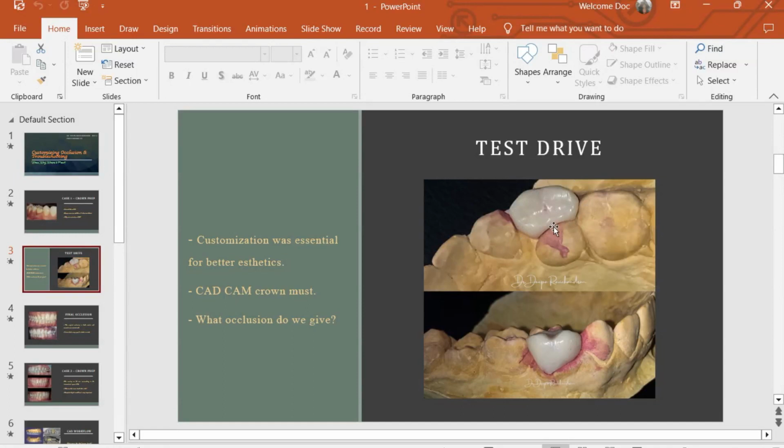As I said, this is a test drive. So we needed to be able to remove the crown and put it back several times on the cast during fabrication. And a slight space was left in order to be able to achieve this, because we were not sure if the patient is going to adapt to it, if it's going to fit on the tooth, if the patient is going to look fine, if the occlusion is going to be fine. There were many factors. So anyway, this is what it looks like from the buccal.